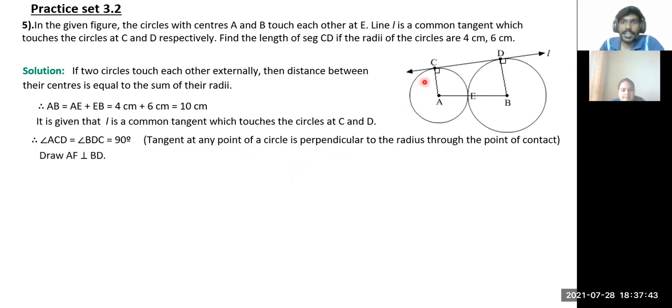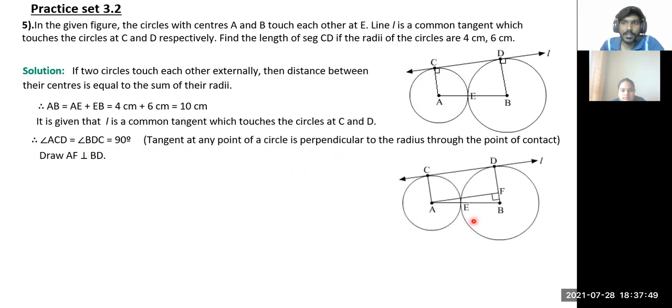Next, you have to do a construction. You have to draw AF perpendicular to BD. So if you see in the second diagram, I have drawn AF perpendicular to BD. Okay, so this becomes a rectangle.